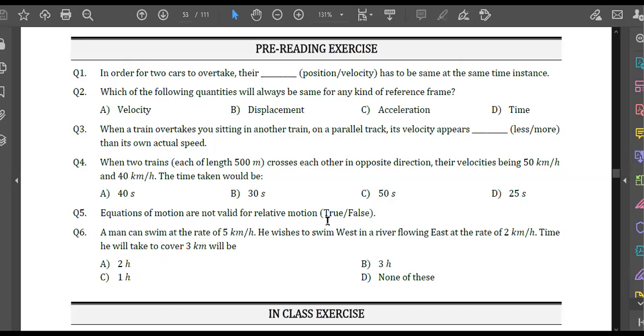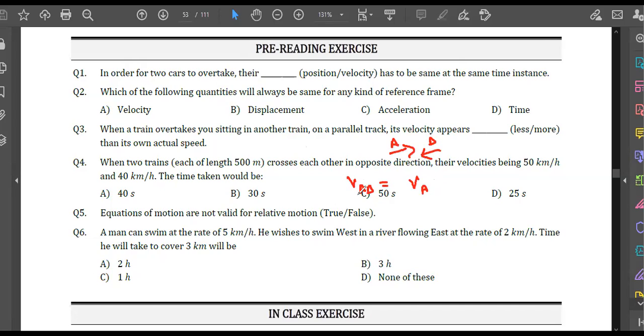So question number 4 is easy, I guess. Relative motion: since it is opposite direction, it will be added. Velocity of A with respect to B is equal to velocity of A with respect to C. It is opposite direction, so with respect to A, B will be faster.